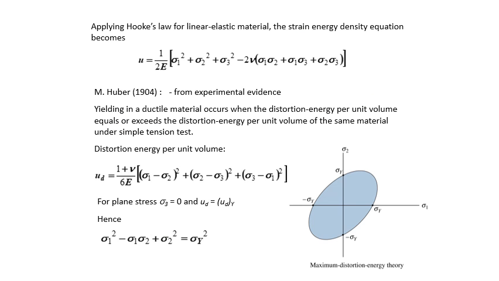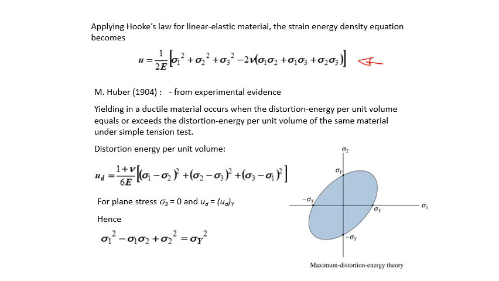If you apply Hooke's law for the linear elastic material, the strain energy density equation becomes this long equation here, right? And that is for the triaxial stress state. But normally, we do analysis on plane stress.